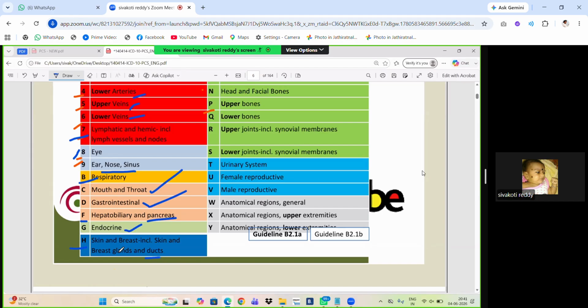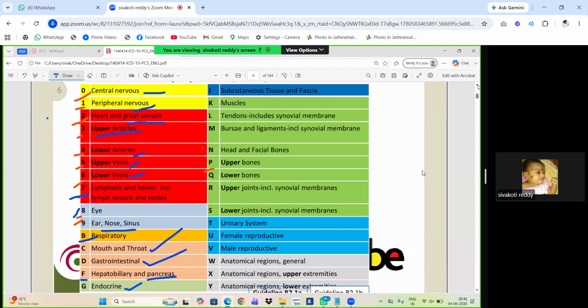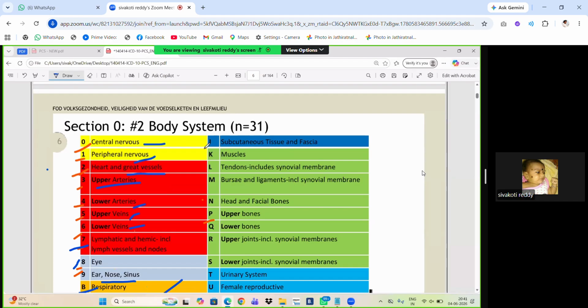If they perform at the skin and breast level, you get H. Suppose they performed on subcutaneous tissue and fascia, J; muscle level, K; tendon level, L; bursa and ligament, M. So H, J, K, L, M. These 5 body systems are similar. Based on the depth, the body system will change.